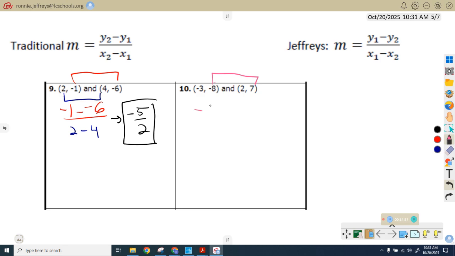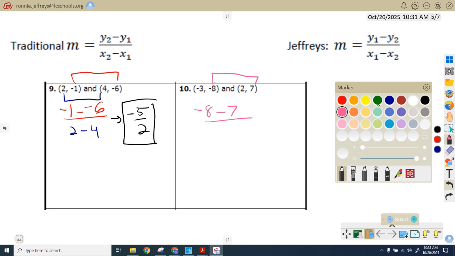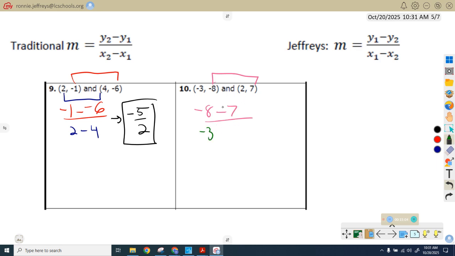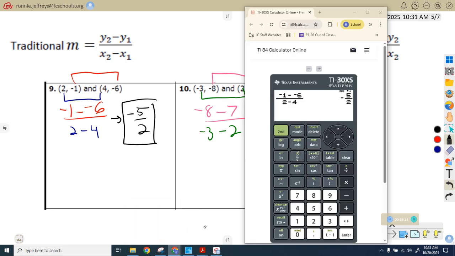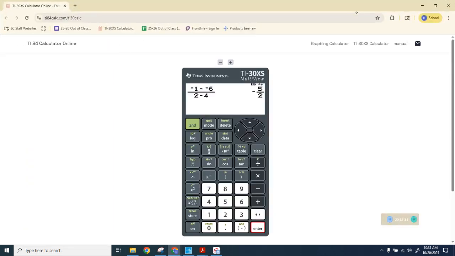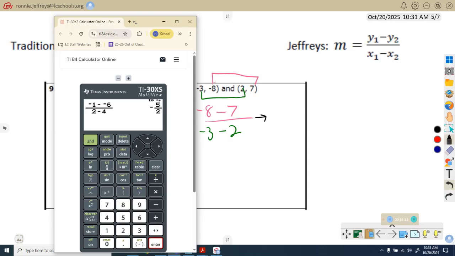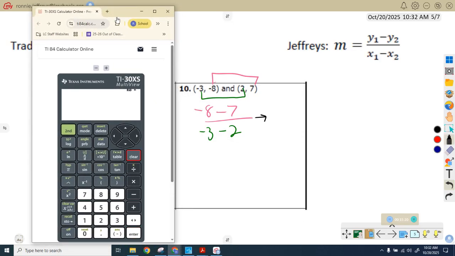So -8 minus 7, negative 3 minus 2. All right.